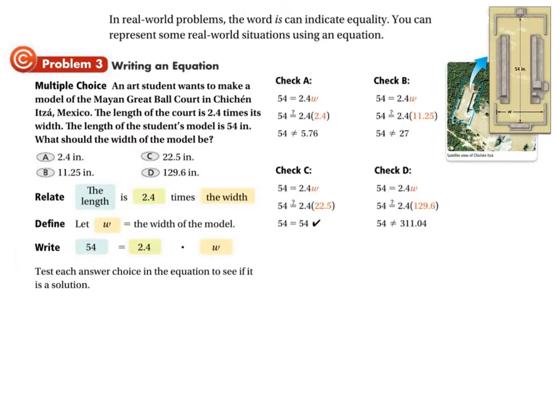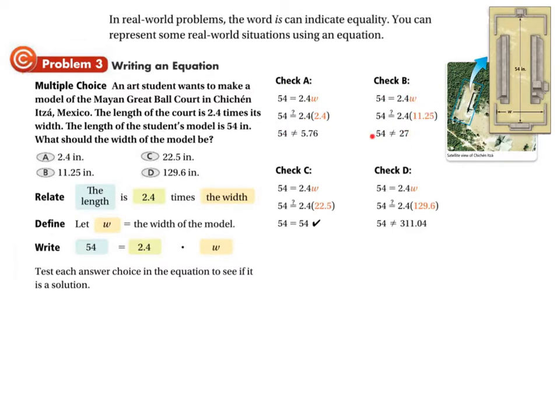What does that mean? They gave you 4 choices for possible widths. So if you take the equation that you wrote, that the width times 2.4 should equal 54, you can plug it in and check. Is 2.4 a solution to this? It doesn't work out to be a true statement, so no. B, is 11.25 a solution?